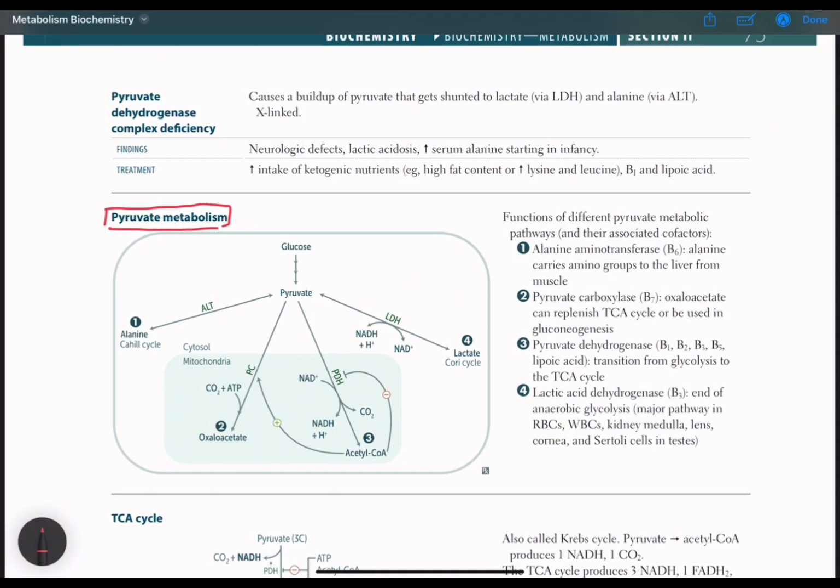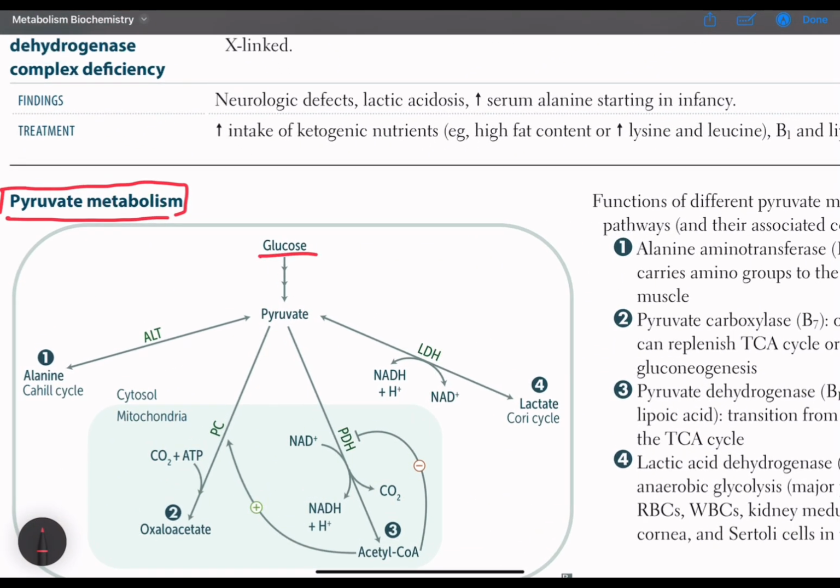During glycolysis, a single 6-carbon molecule of glucose is converted into 2 molecules of 3-carbon pyruvate.